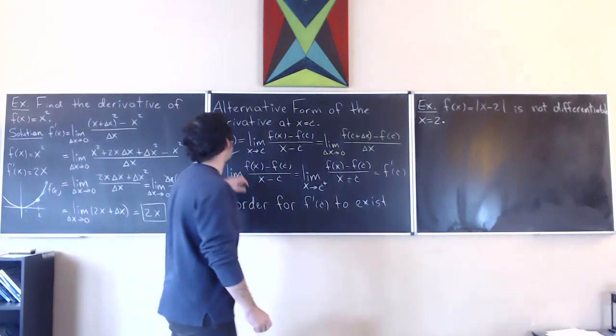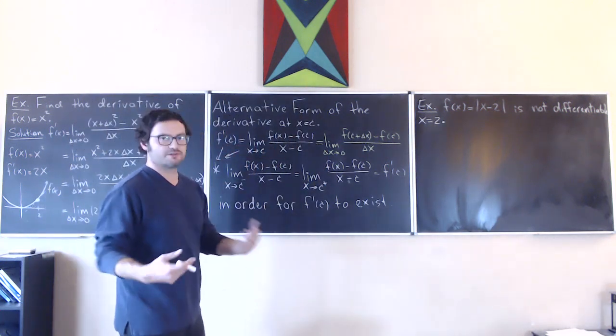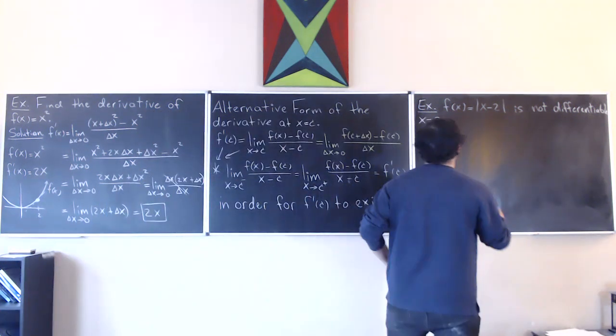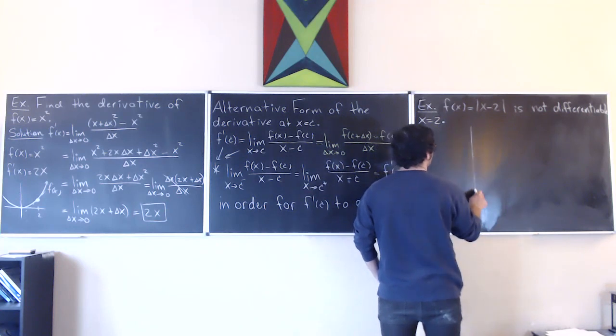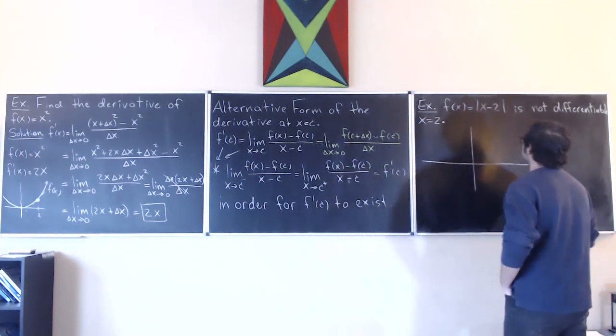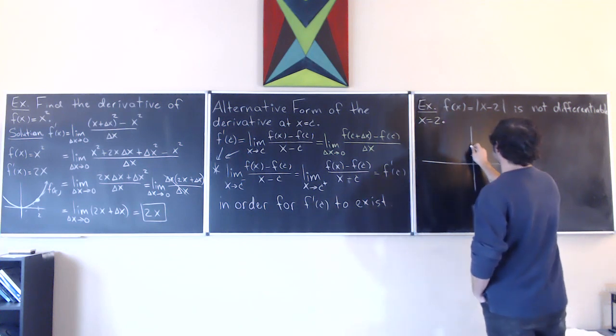So we can use this alternative form to easily argue why it's not. So it's 0, 1, 2.